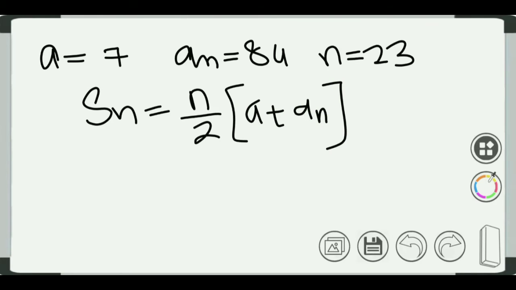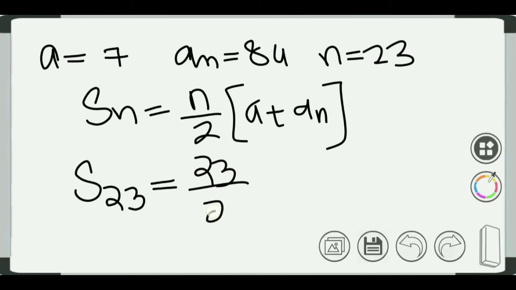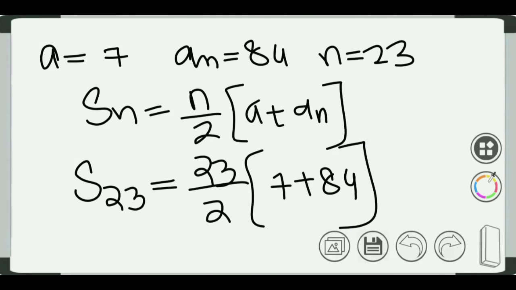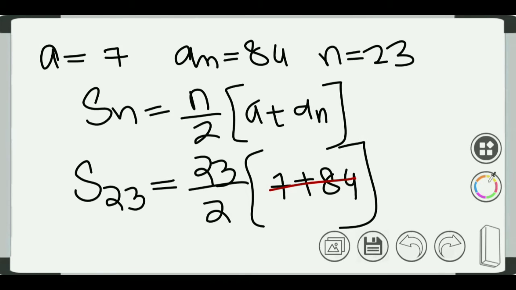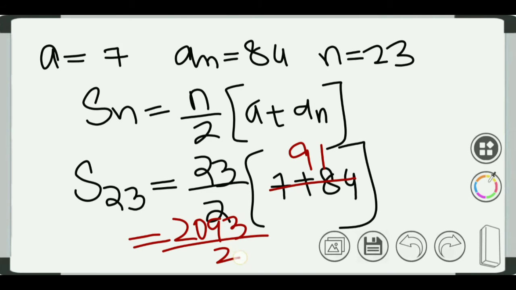So S23 is equal to 23 by 2 into a plus an, where a is 7 and an is 84. 84 plus 7 is 91. So 23 by 2 into 91, that is 23 into 91 is 2093 divided by 2. This is your answer.